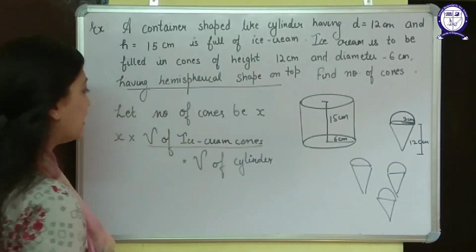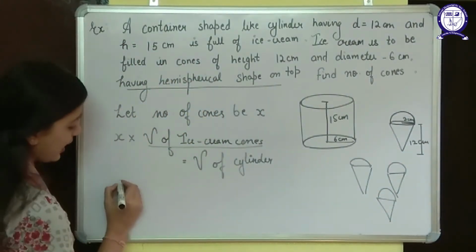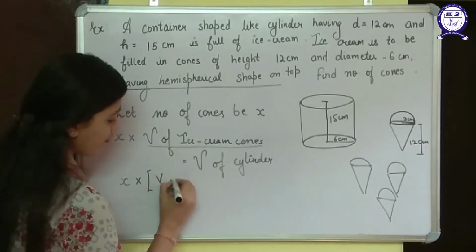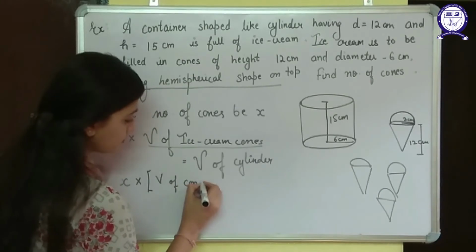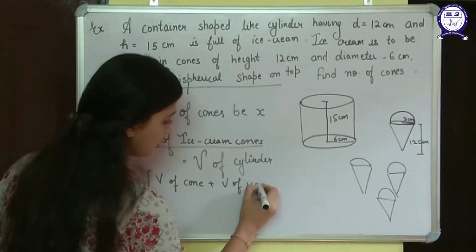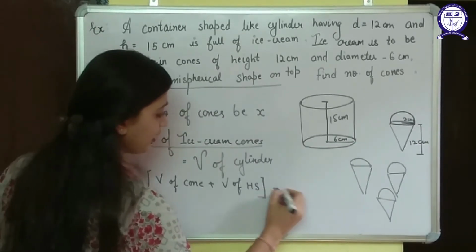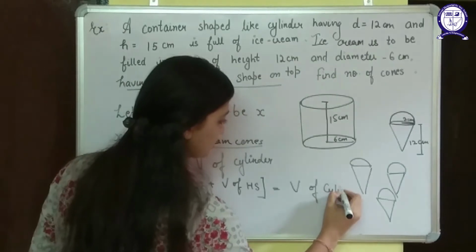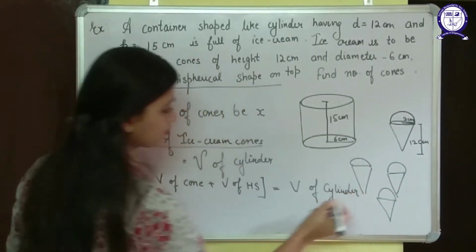So how to find its volume? It will be x into volume of cone plus volume of hemisphere, and it will be equal to volume of cylinder. Okay.